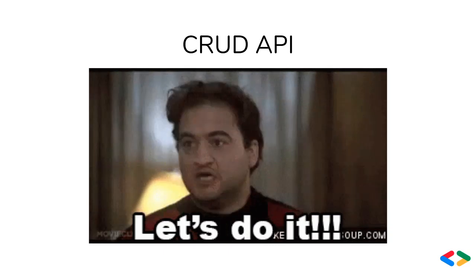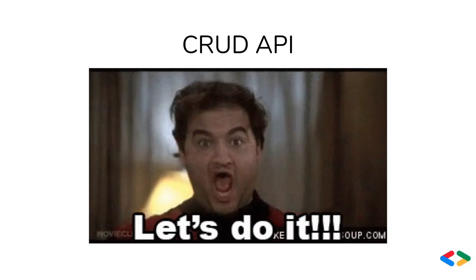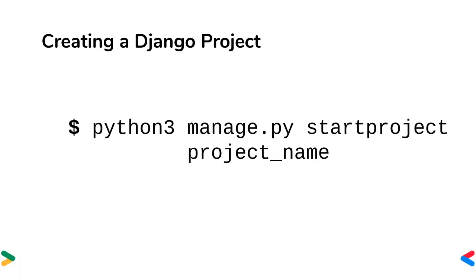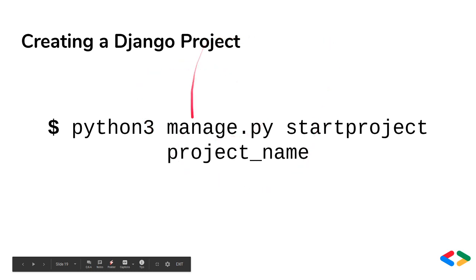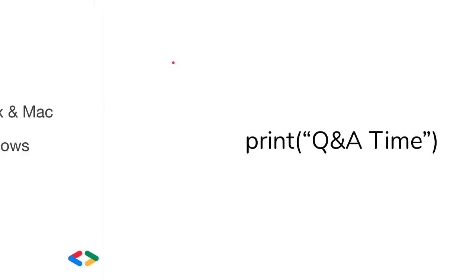Okay, let's make a CRUD API: create, read, update, delete. To create a Django project, you need to type django-admin startproject and your project name. As I said before, manage.py is a command line utility for your Django.